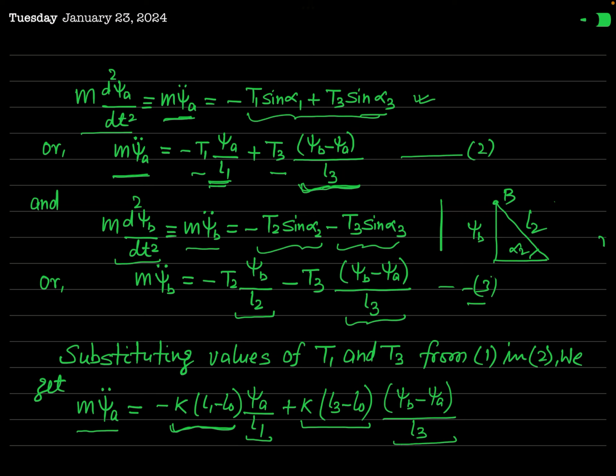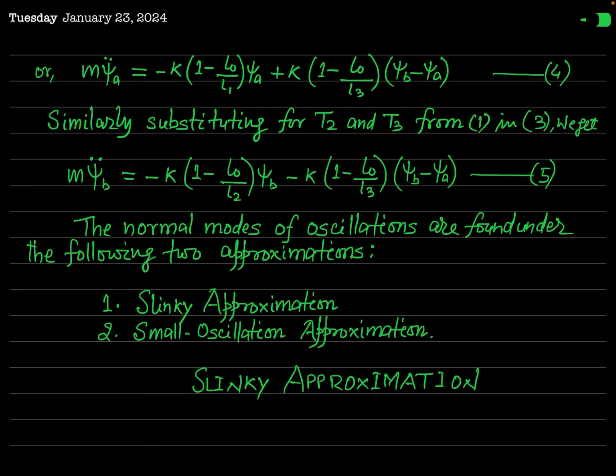Now let us divide this L1 minus L0 by L1, and here L3 minus L0 by L3. So after division you can write m times psi A double dot is equal to minus K times 1 minus L0 by L1 times psi A plus K times 1 minus L0 by L3 times psi B minus psi A.